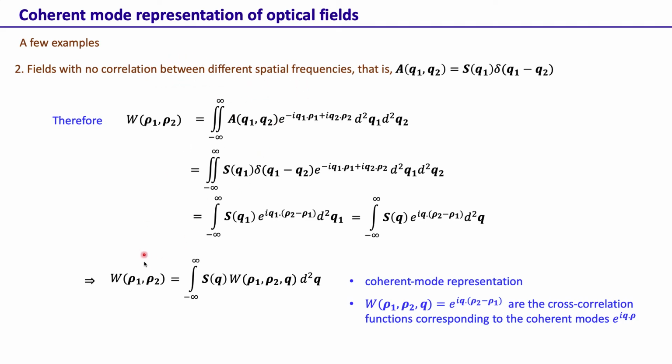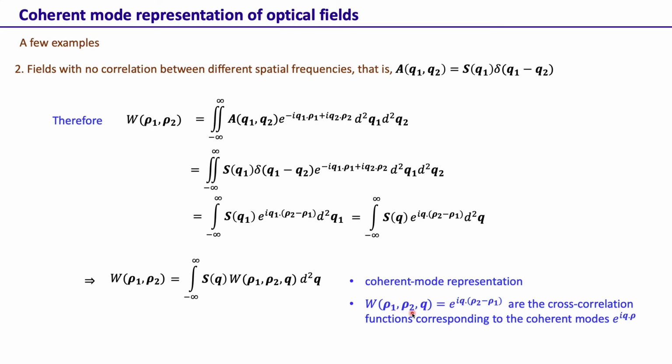This field is of course partially coherent, but we can write it as an integral over these coherent modes, and the cross spectral density function corresponding to the coherent mode is e to the i q dot rho. When we define this, we have the complex conjugate of this quantity and then the product of the two and the ensemble average, but that ensemble average is equal to the product.